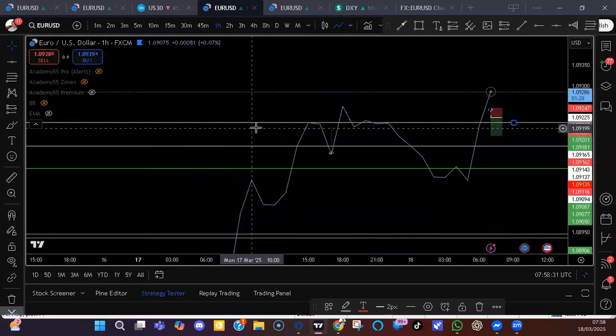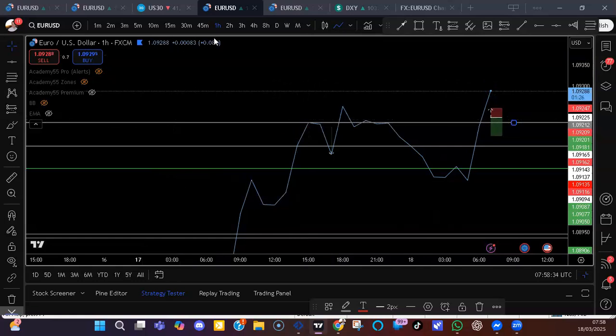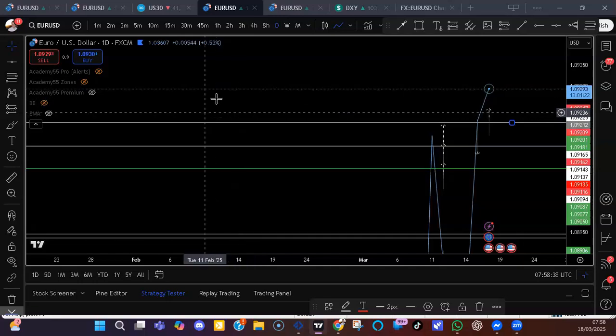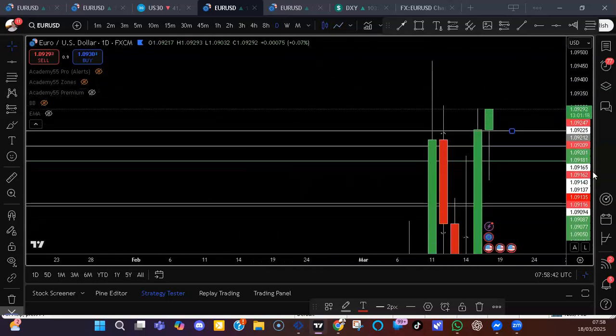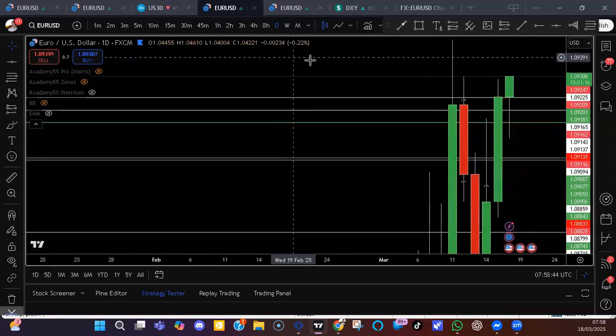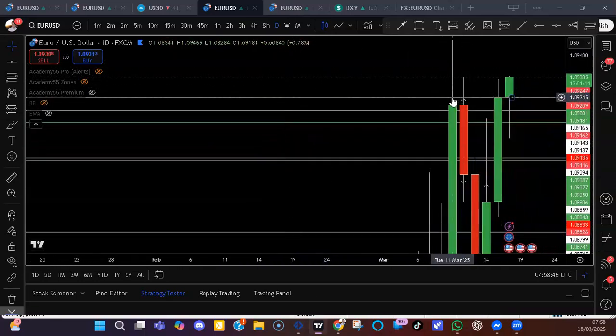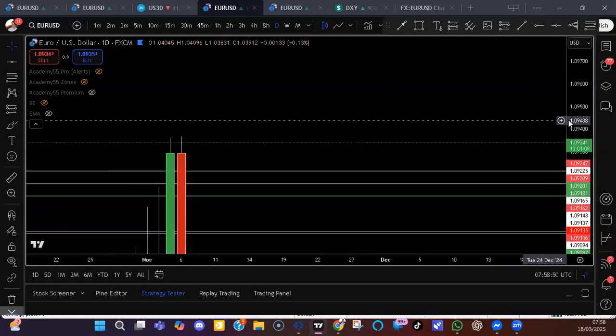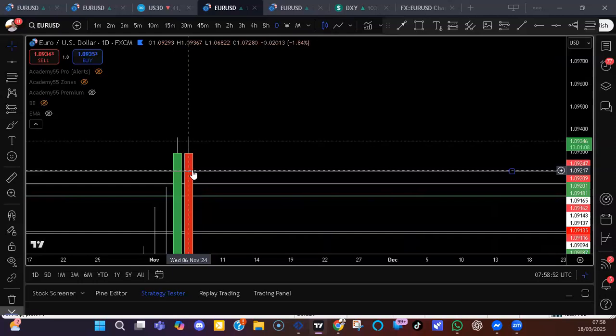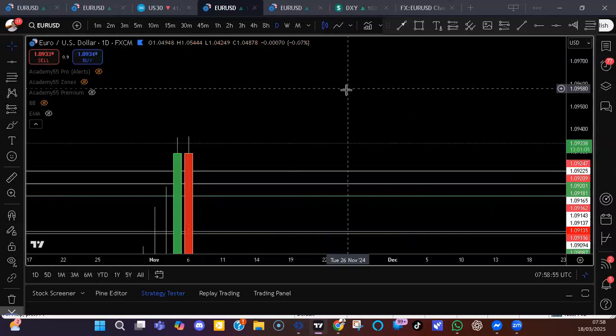Yep. So there we go. That's our point of interest. Put it on a daily. Go back on candles. And we're the highest we've been. Well, that was last Tuesday. But we're the highest we've been since November.